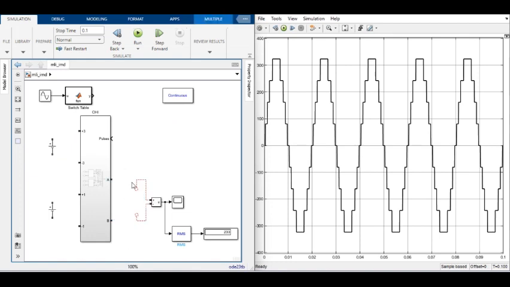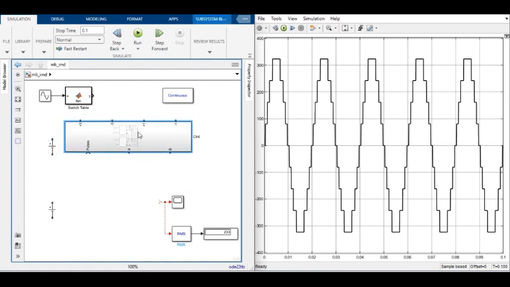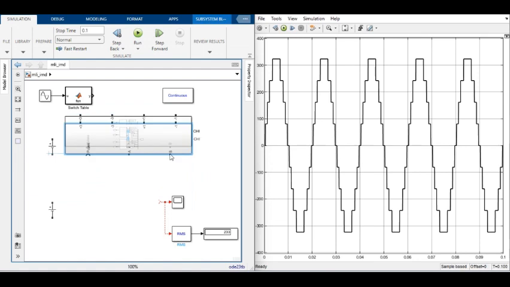After verifying the working condition of the single-phase 9-level inverter circuit, it is changed to a 3-phase 9-level multi-level inverter circuit by duplicating the single-phase circuit.